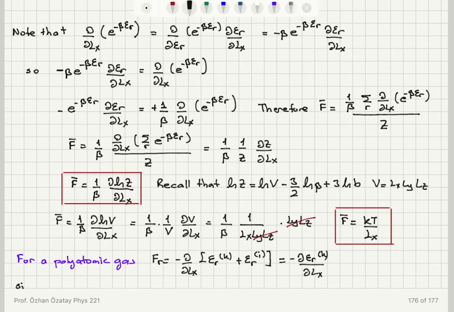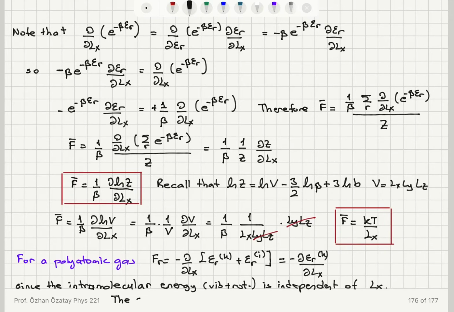That is, since the intramolecular energy, not the energy between molecules, it's the energy inside the molecule, that is due to vibrations and rotations, is independent of Lx because it is with respect to the center of mass, the same conclusion is valid even if the gas is polyatomic.